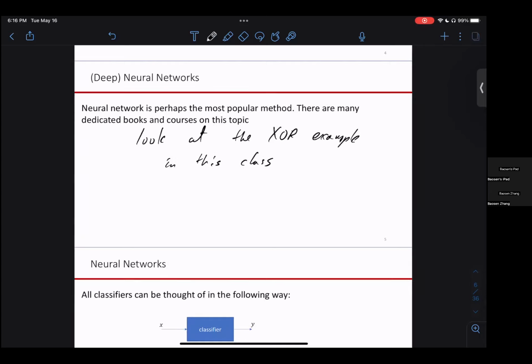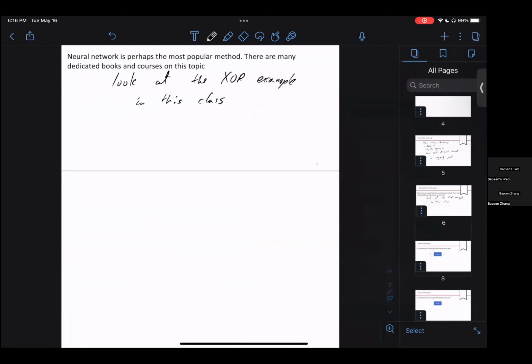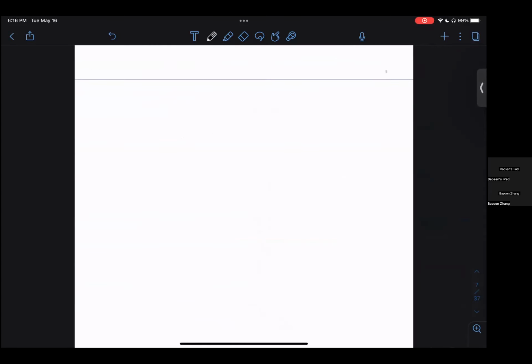So this is actually a good example. It is a very simple classification problem where a linear classifier doesn't work, right? To remind you what XOR is, XOR of x1, x2 is 0.